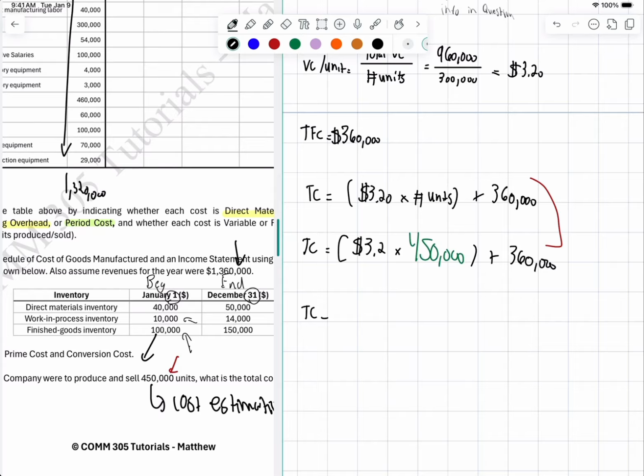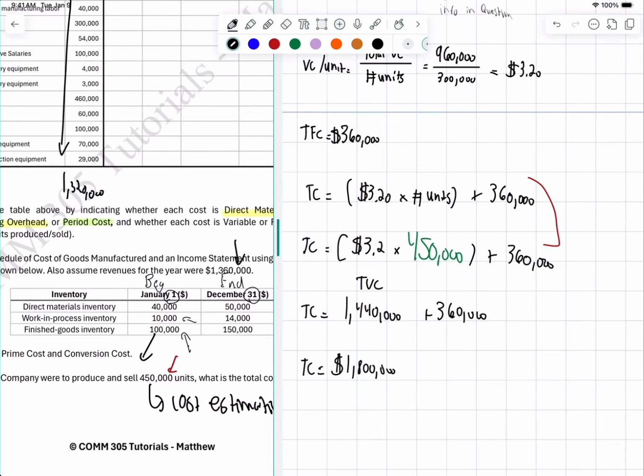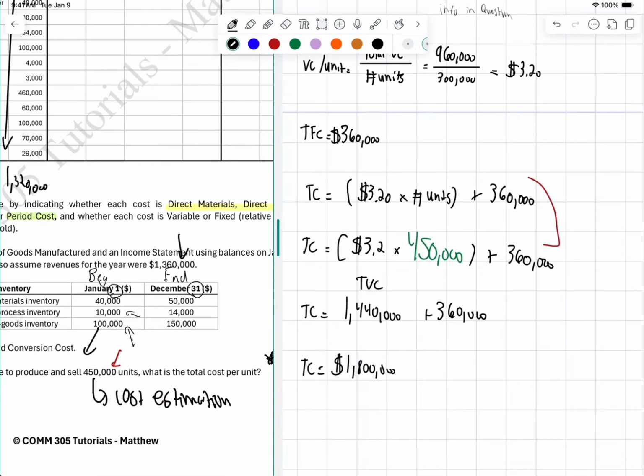If you do 3.2 times 450,000, that'll give you 1,440,000. That's your variable cost, that's your TVC. And then your fixed cost is 360,000. So overall, guys, your total cost at 450,000 units is $1,800,000.